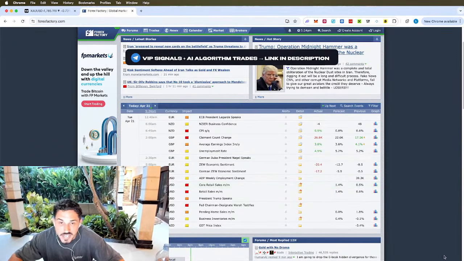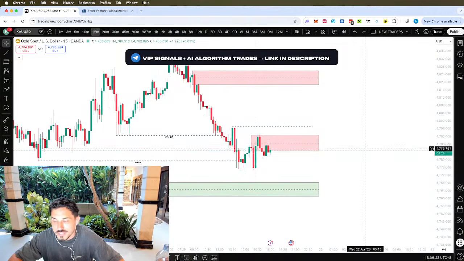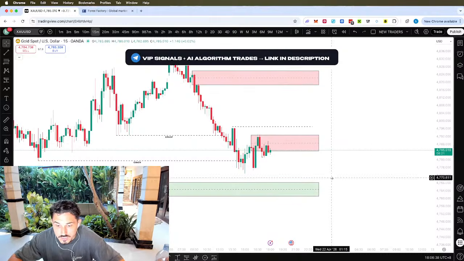So be very careful when you're trading in the next couple of hours. I'd rather wait for Trump to make his announcement and then we move forward from there. For now, guys, I don't think I'm going to be taking any positions until that. I was expecting some sort of volume and there's absolutely nothing.